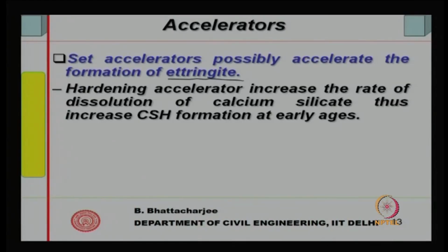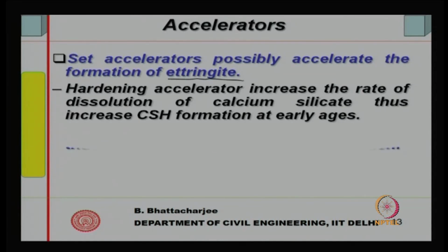Hardening accelerators increase the rate of dissolution of calcium silicate and therefore increase C-S-H formation at early age, all right. Calcium silicate can react faster and thus early C-S-H formation can take place.